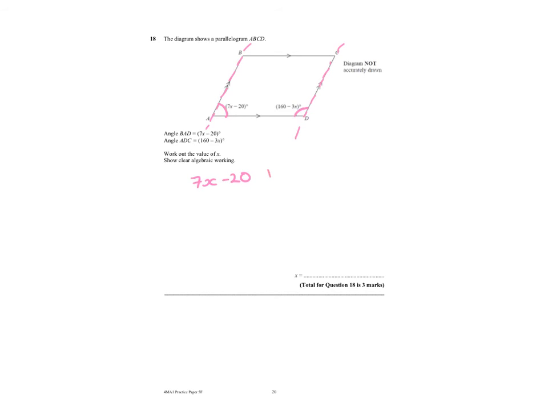So 7x minus 20 plus 160 minus 3x equals 180. So 7x minus 20 plus 160 minus 3x equals 180.